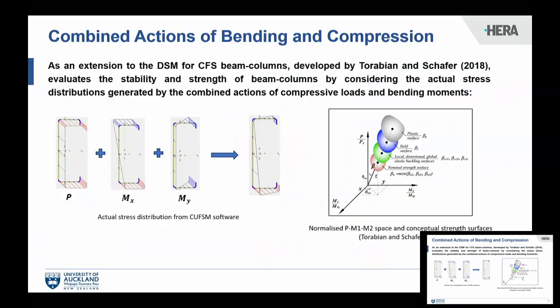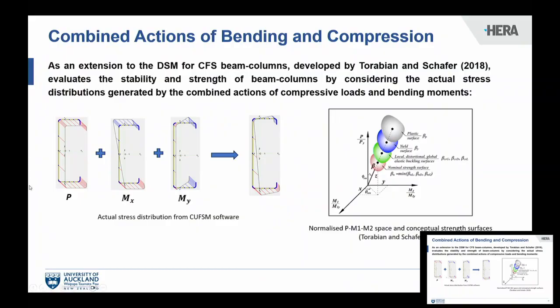While in the standard DSM the actions are considered as pure actions, pure compression or pure bending, this method considers the true combined actions of the cross sections.